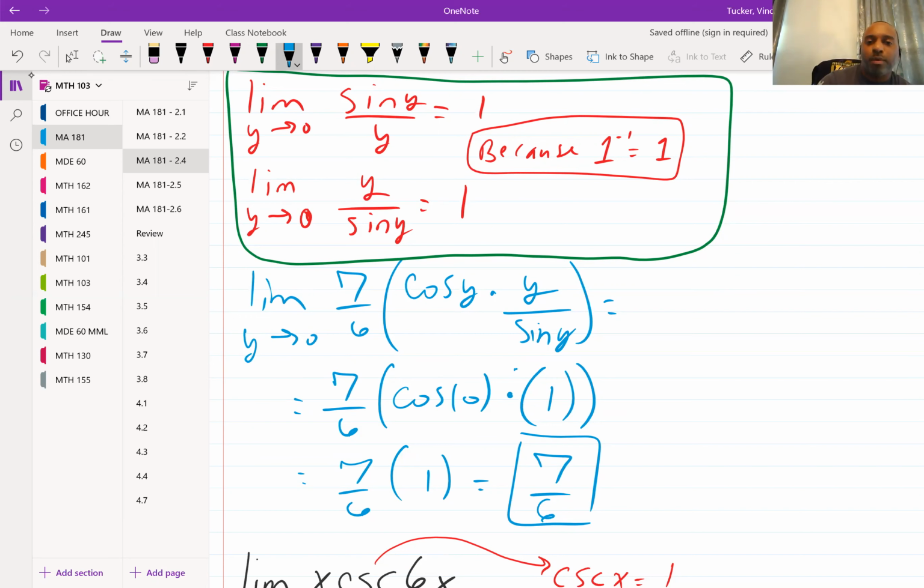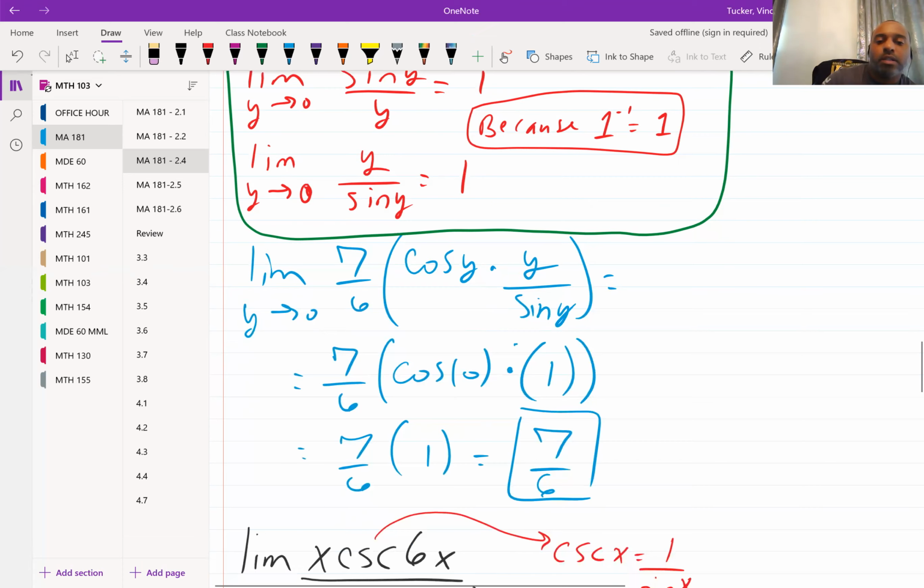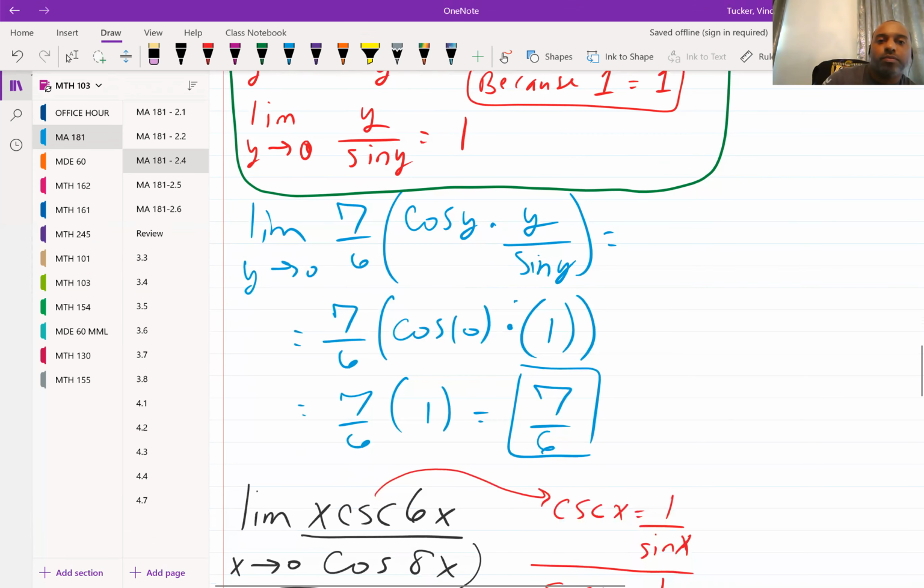And remember, we decided to change tangent to cotangent so that we can get that relationship of sine out of that, so we can use this here. Okay. All right. Can I go to the next one?